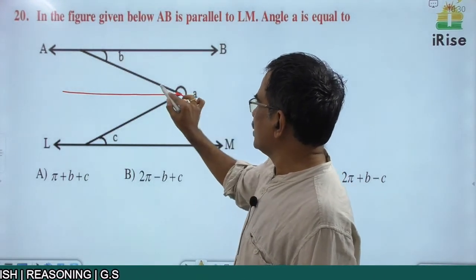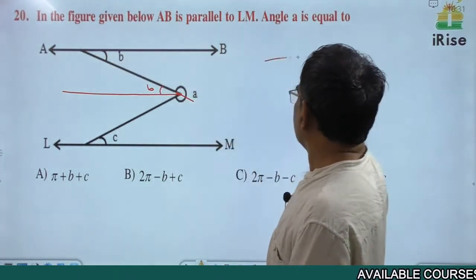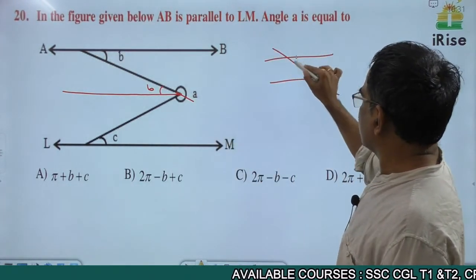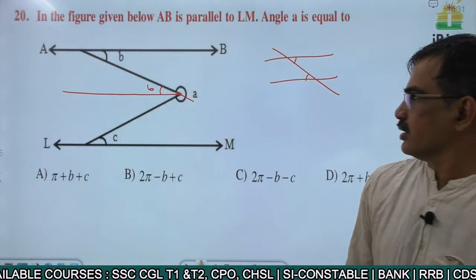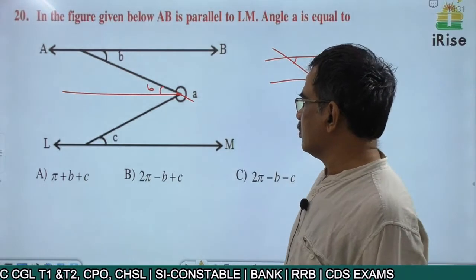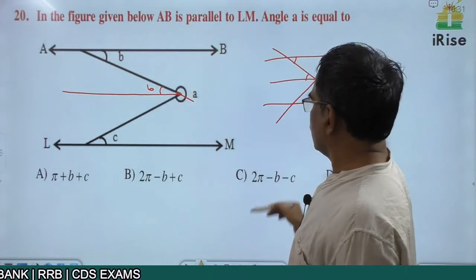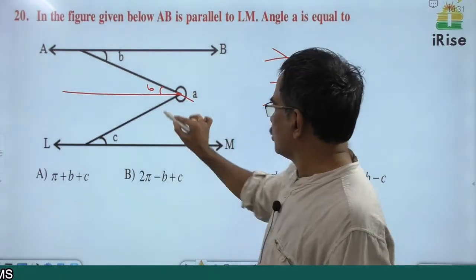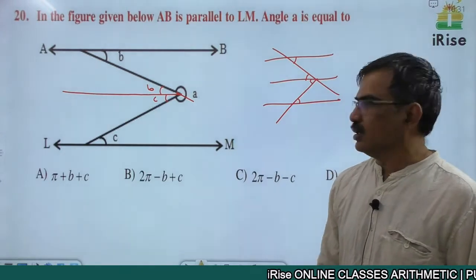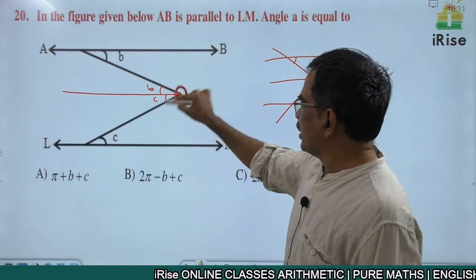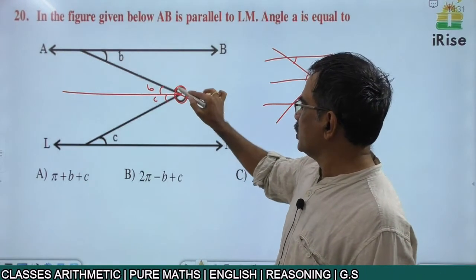If this angle is B, this angle is also B, because for parallel lines intersected by a transversal, alternate interior angles are equal. Similarly, if this angle is C, this angle is also C. And the total angle at this point is 360 degrees. 360 minus these two gives the answer.